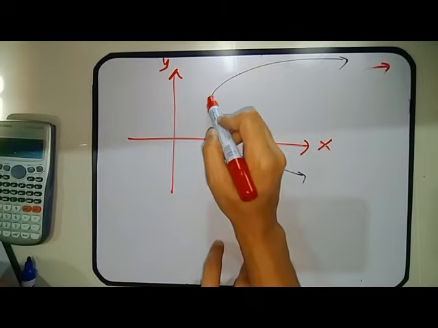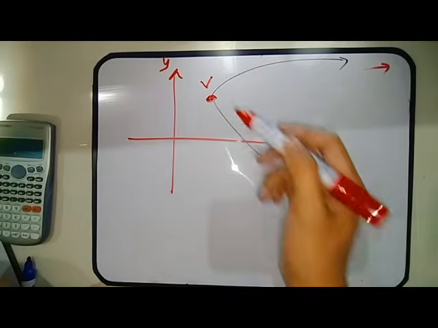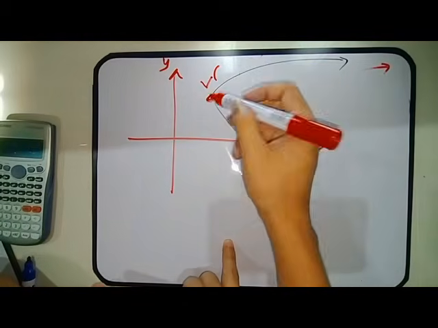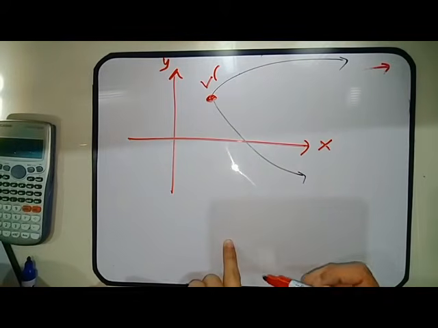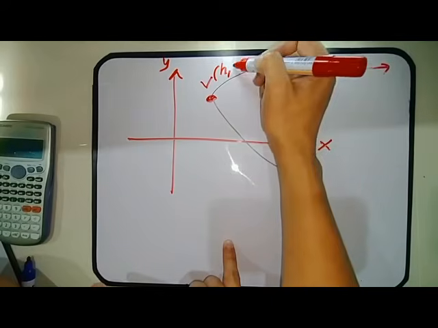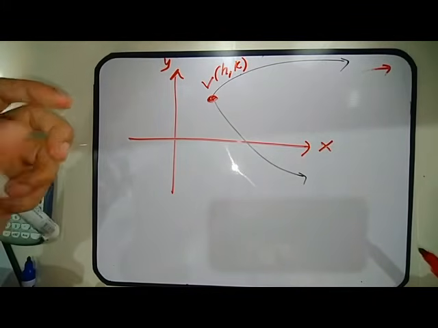So, meron tayong vertex. Yun ang vertex natin. This is our vertex. Then, yung vertex natin is designated by your coordinate. So, ano ba yung coordinate ng vertex? X and Y. So, yung X natin is represented by H and yung Y is represented by K. So, that equation represents a parabola.